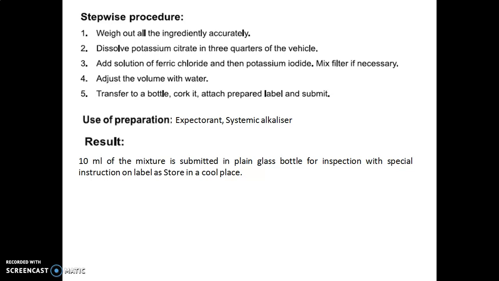By using such a technique we can prepare the mixture, and after that by properly shaking, stirring and agitating, we can overcome this type of incompatibility, same as in the previous experiment.